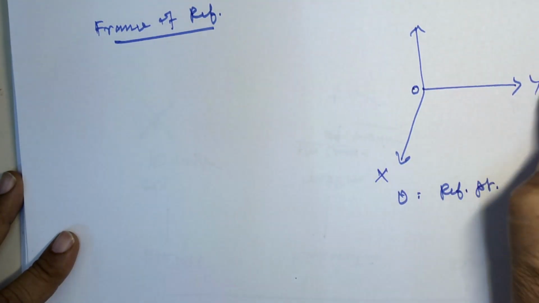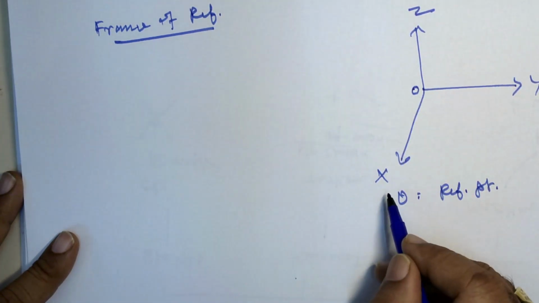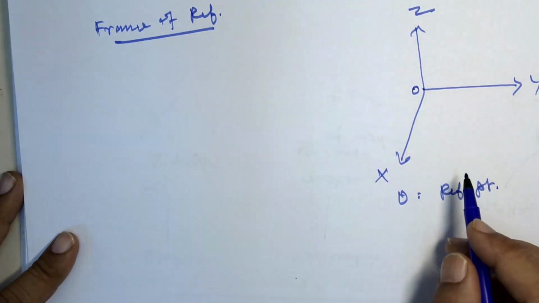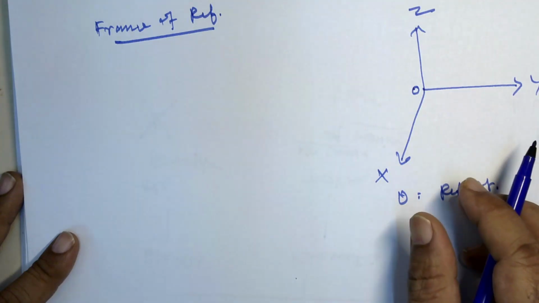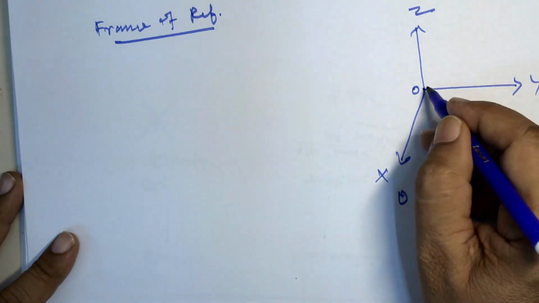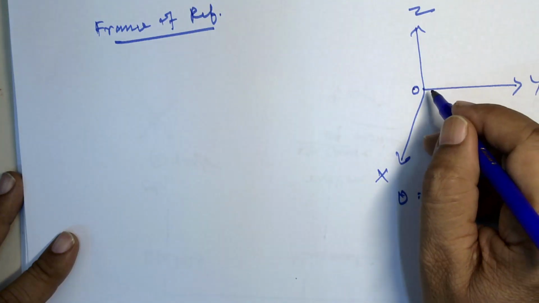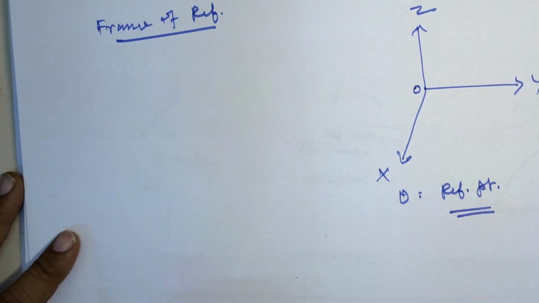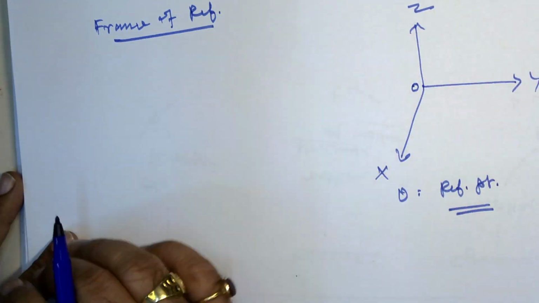Suppose this is x, this is y, this is z. Along the x-axis there will be some movement, along the y-axis there will be some movement, along the z-axis there will be some movement. It is represented as though it has originated from the origin, O, and that is why it's called a reference point. All these axes are based on this reference point only.